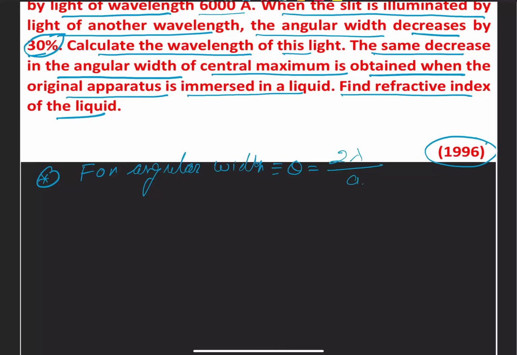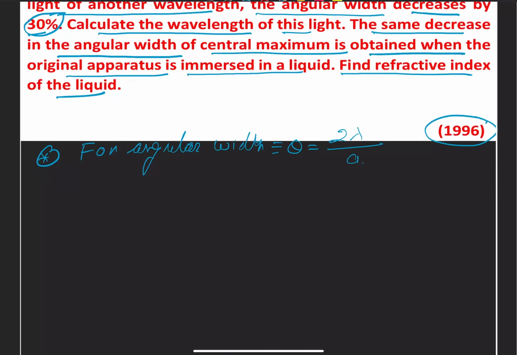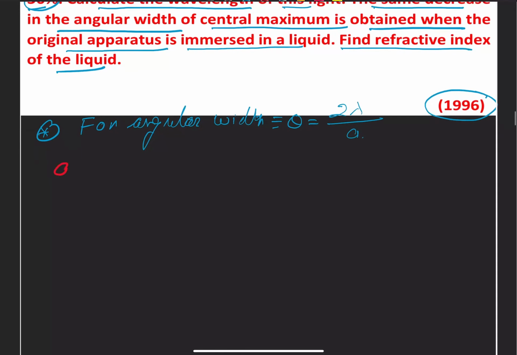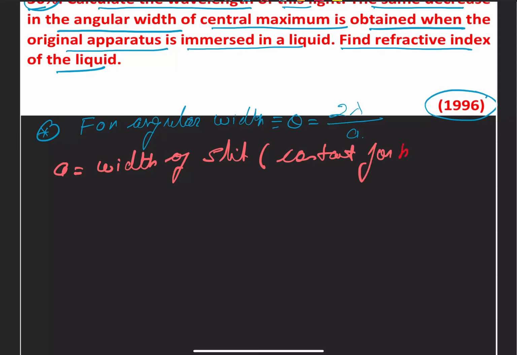Here a is the width of the slit, lambda is the wavelength. And this width of slit is constant for both cases. Only thing that is changed is the wavelength. We are using different sources, so this is constant for both cases.